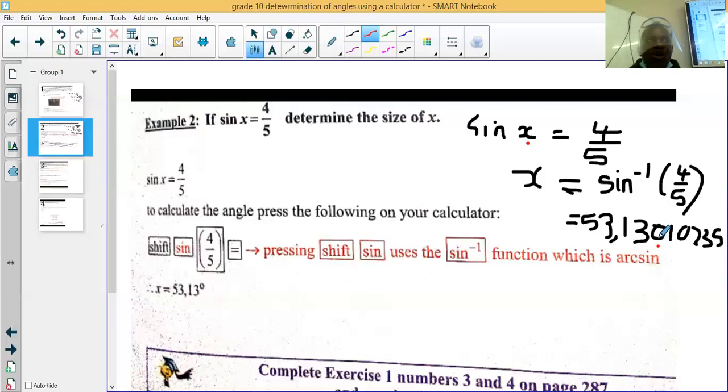Now you throw this 0 away and then you write 53.13. Are you understanding why it is like this?